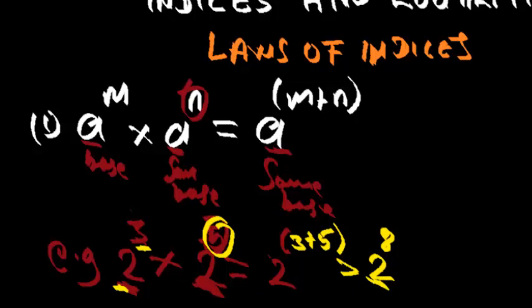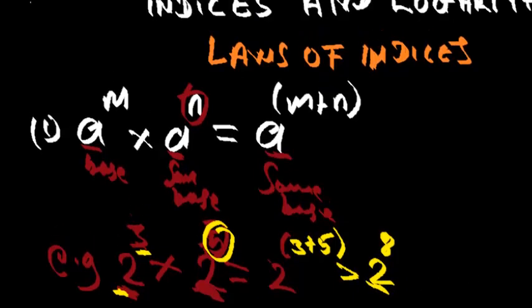So to make it simple, we are simply saying that if you have numbers or indices multiplying, check to see that the bases are the same. Once the bases are the same, then the answer is: pick the base, and then add the index, that is, add the indices m and n, which is here m plus n.